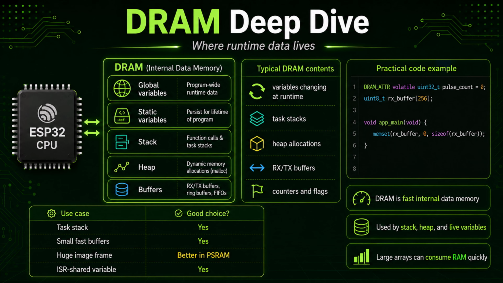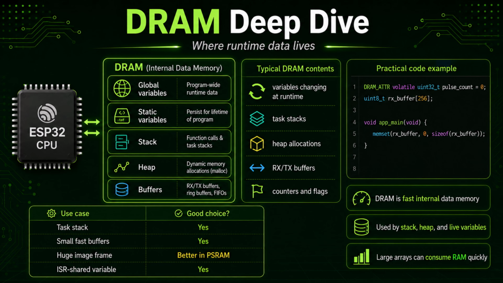Every FreeRTOS task requires a stack, and those stacks normally consume internal RAM. Dynamic memory allocated using functions such as malloc also comes from the available heap regions. Communication buffers, UART buffers, network packets, sensor arrays, counters, state variables, and temporary calculations all consume RAM as well.